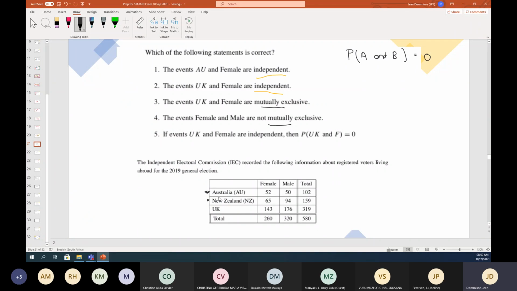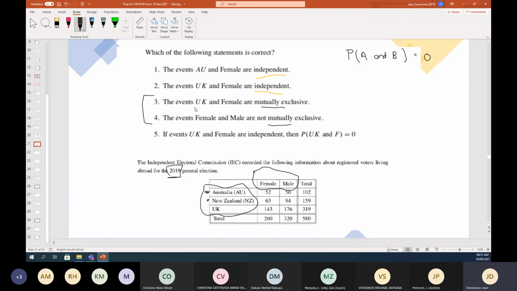So then it's mutually exclusive. You can't be in New Zealand and the UK at the same time. So mutually exclusive is when you can't be in one of those at the same time. Obviously you can see when this was set up in 2019, there was a different discussion. So just go back to that stage, and male and female was also seen as mutually exclusive. So let's look at those two mutually exclusive questions first.